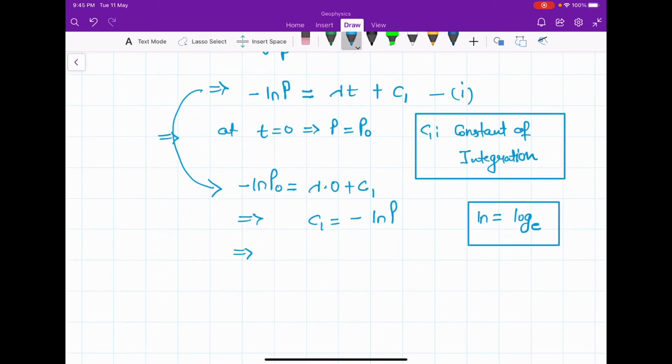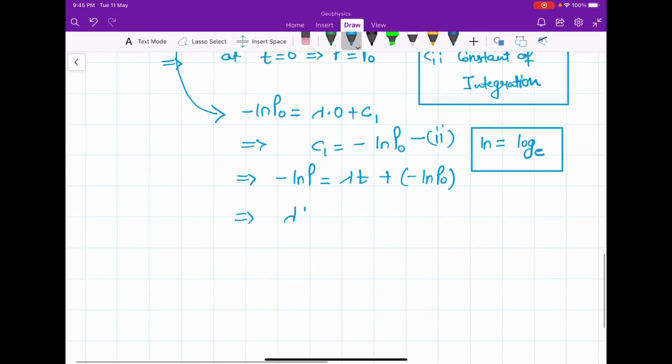So from equations 1 and 2, minus ln P equals lambda t plus minus of ln P naught.